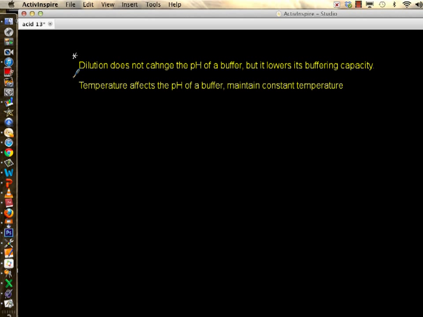One variable that definitely changes the buffer pH is temperature, because temperature will change both Ka and Kb, which are functions of temperature.